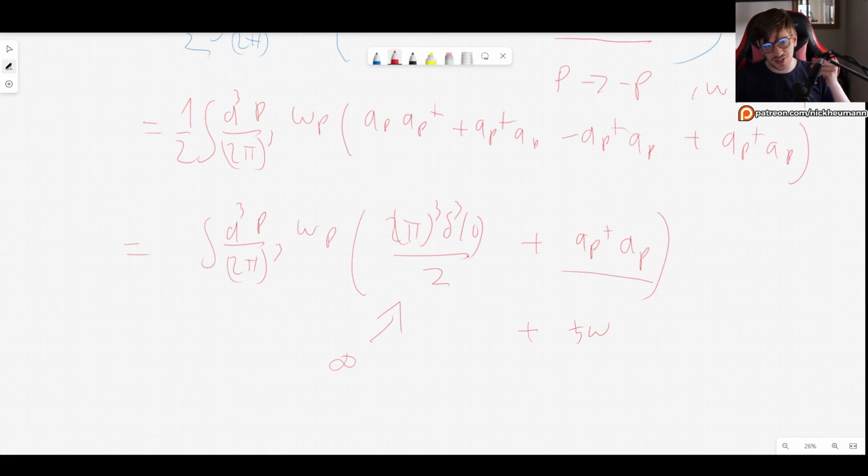In the very next video, we will talk about the vacuum energy and why this is so problematic, and give a little hint as to what renormalization will be later on when we actually deal with this problem and solve it. So with this, we have now found the Hamiltonian and done quite a bit of work. But before we go into actually finding the eigenvalues and eigenstates, we will take a moment to talk about the meaning of the vacuum state energy, which we will do in the next video.